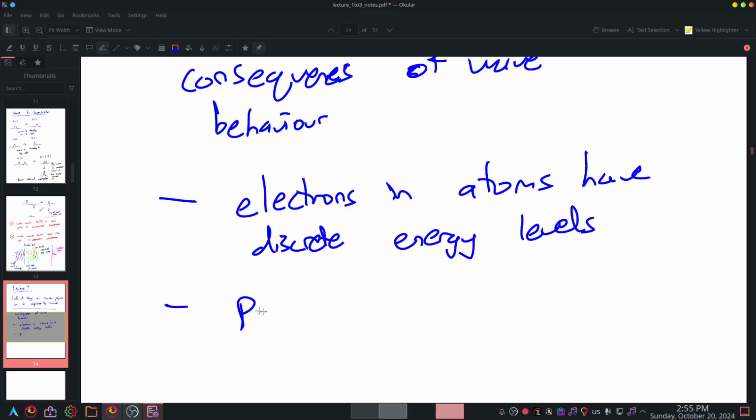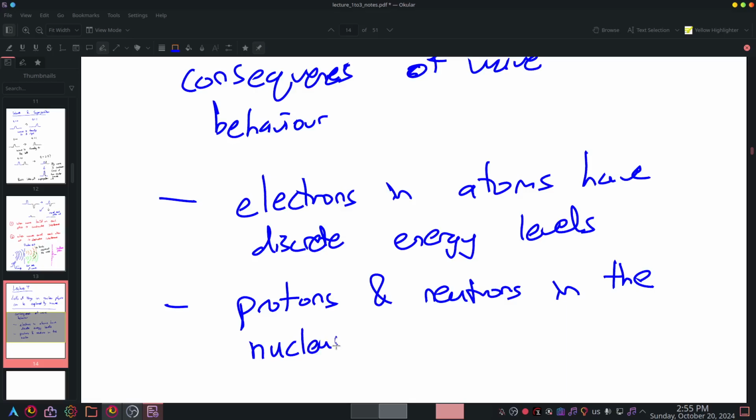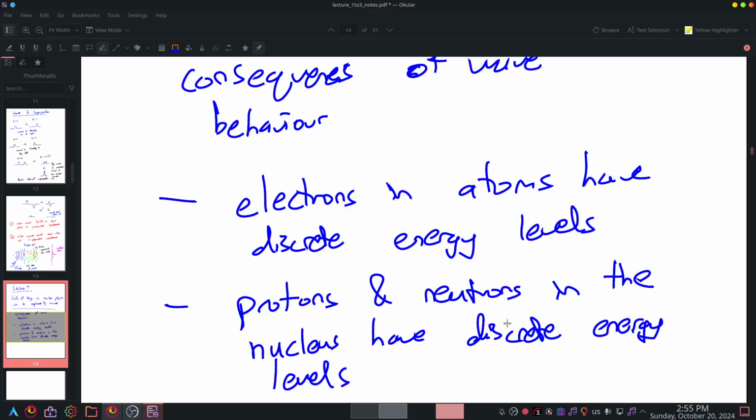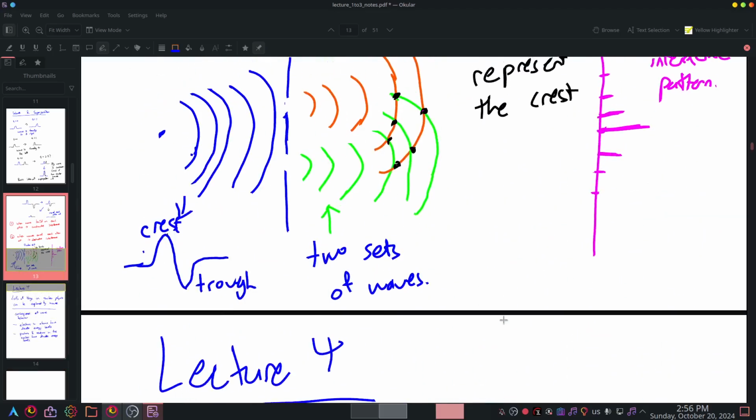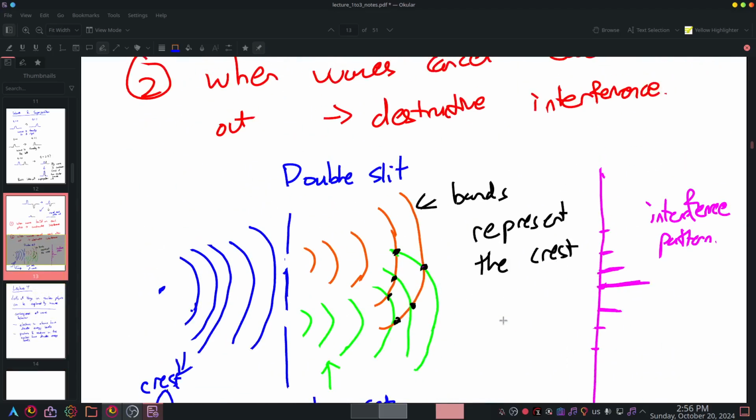Protons and neutrons in the nucleus also behave the same way and have discrete energy levels.